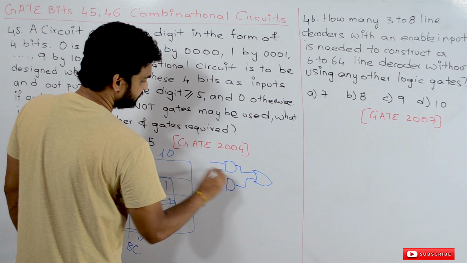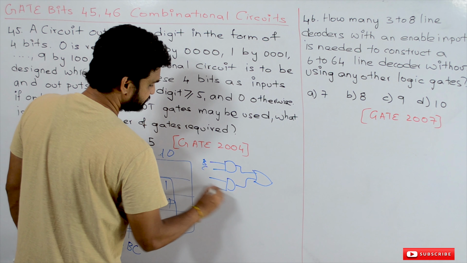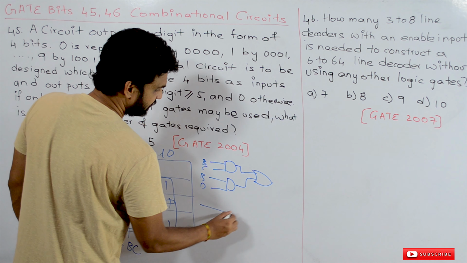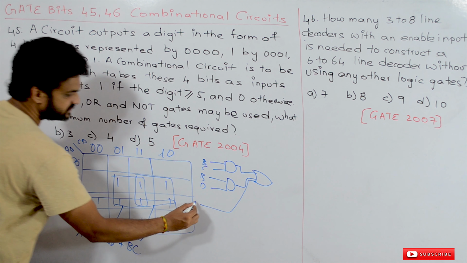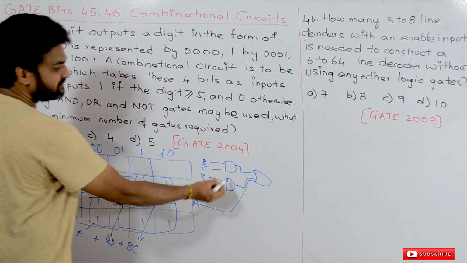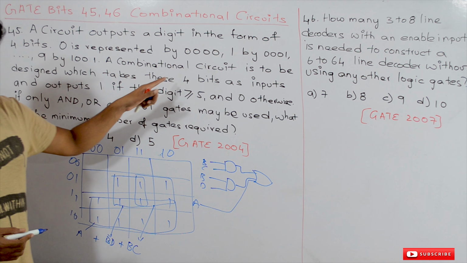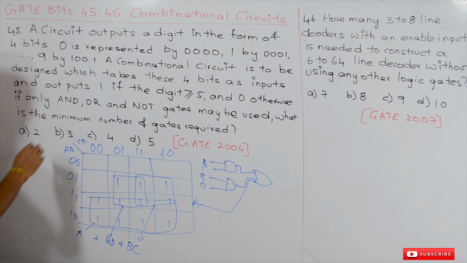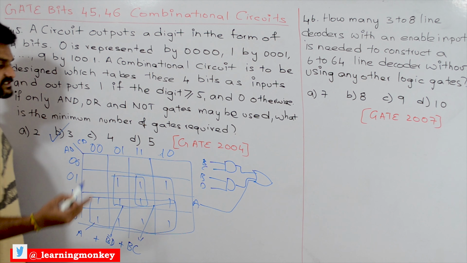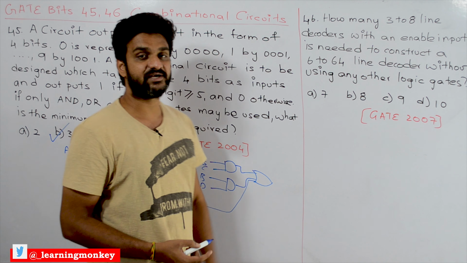This is going to be BC and this is going to be BD, and the other input is A. It is directly connected. So this circuit can be constructed with a minimum of 3 gates: 2 AND gates and 1 OR gate.